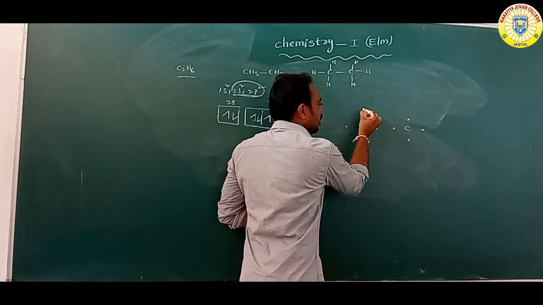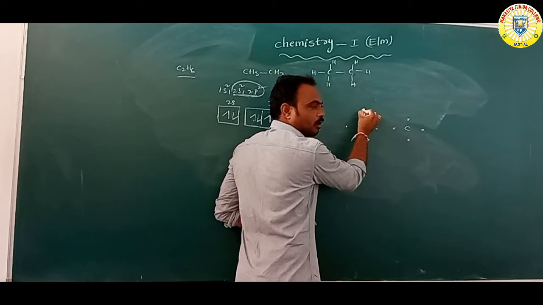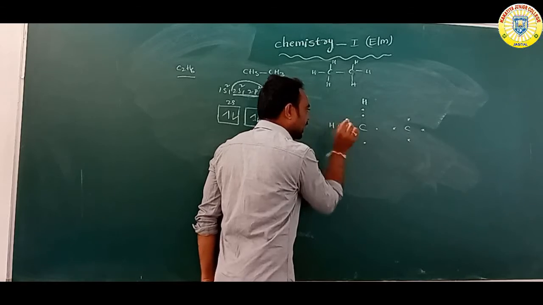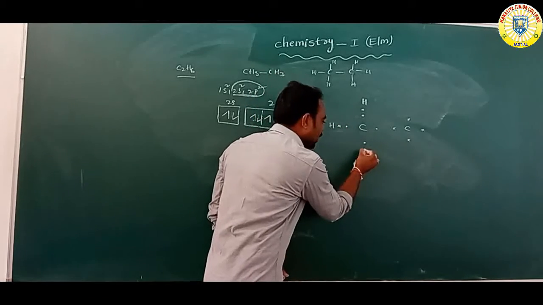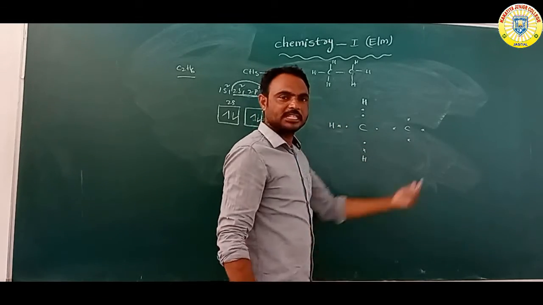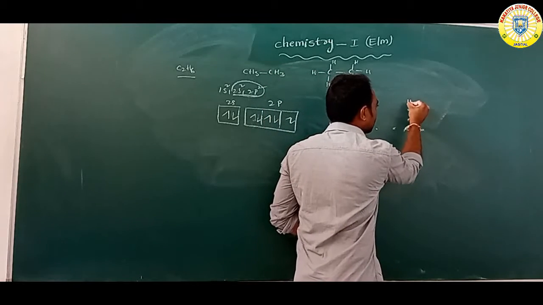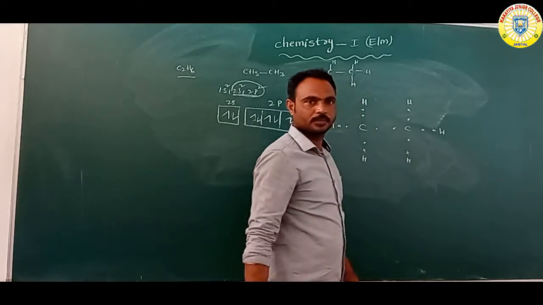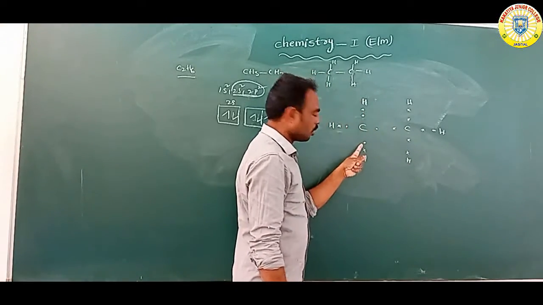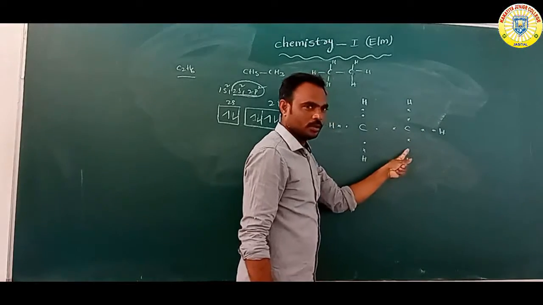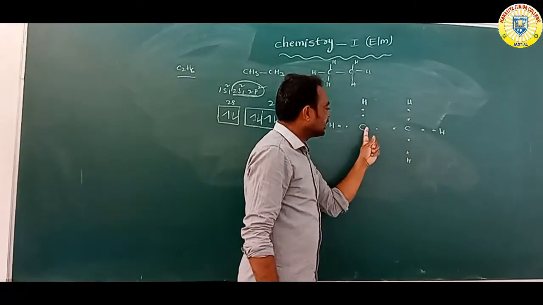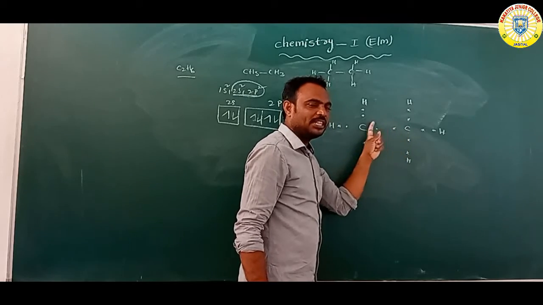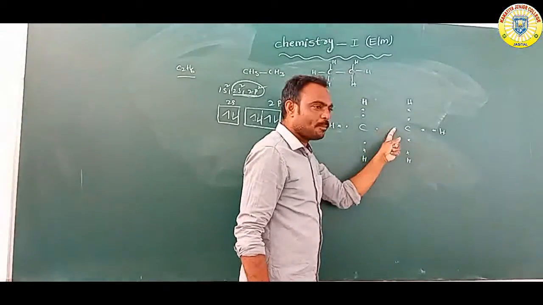One hydrogen atom has one single electron, another hydrogen atom has another single electron, and so on: 1, 2, 3 single electrons. Bond, bond, bond. Between carbon and carbon, this carbon has one single electron and the other carbon also one single electron, and between these two carbon atoms a bond is formed.